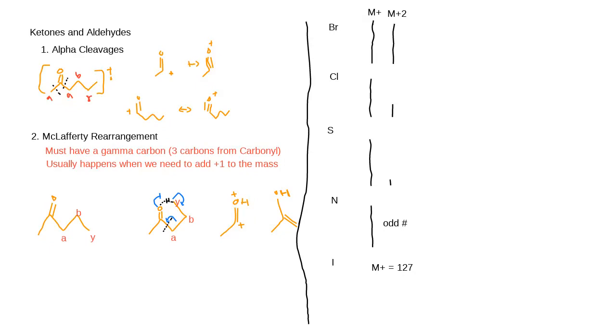So like 1 to 1, 1 to 3, 9, any odd number, and 127. Okay? All right. So those are all the heteroatoms, and that should complete the lesson on mass spec.